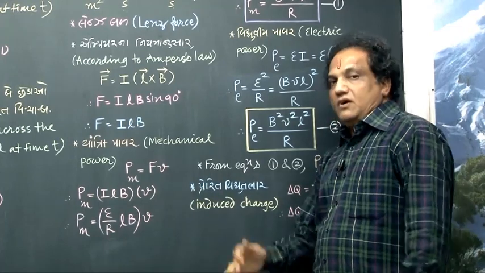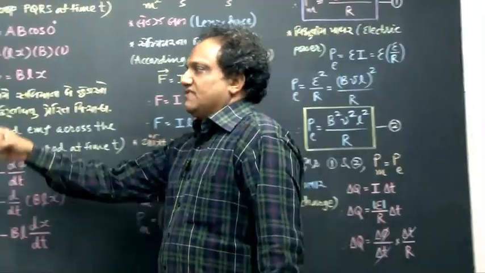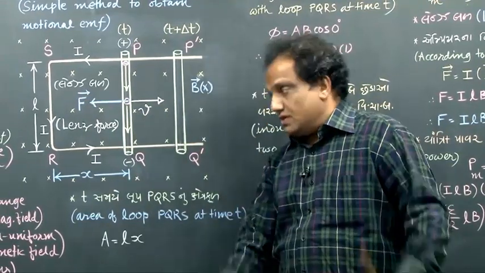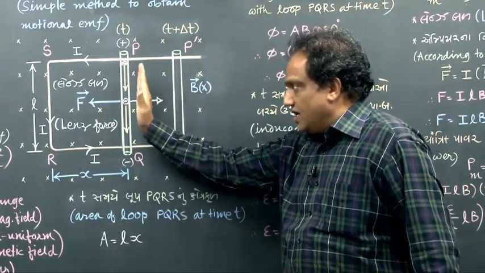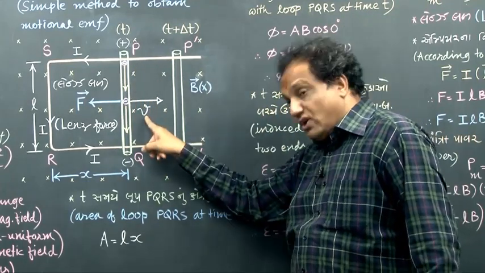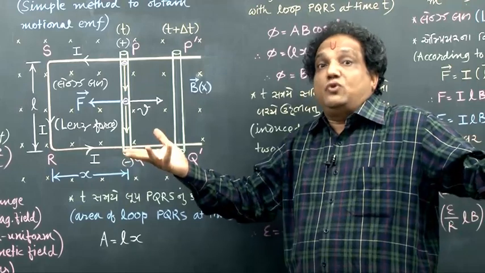Now, though this force is exerted towards the left side, if I want motion of this rod continuously towards the right hand side, and with constant velocity, then what do I need to exert?